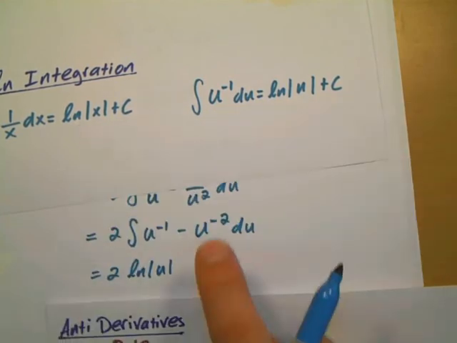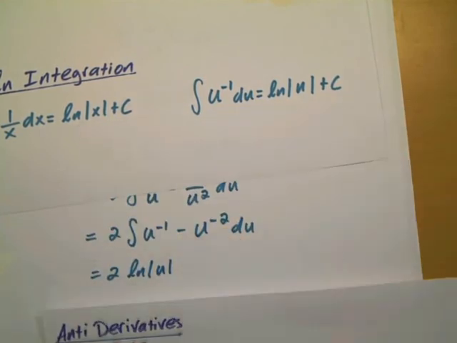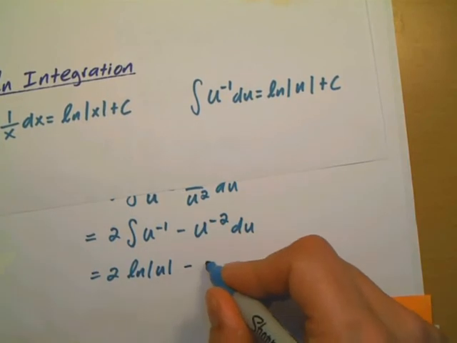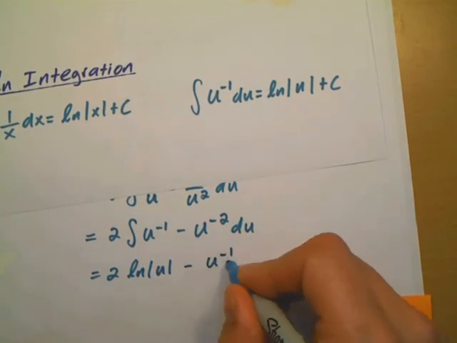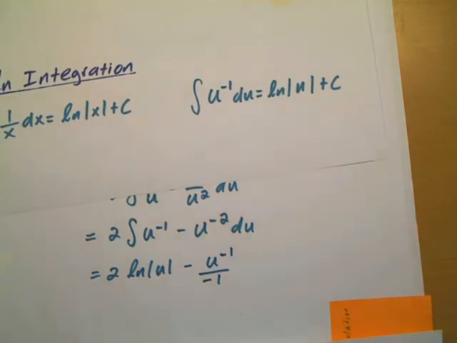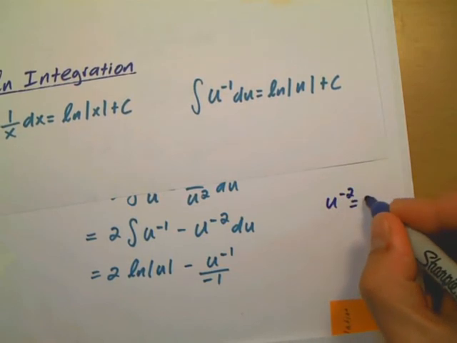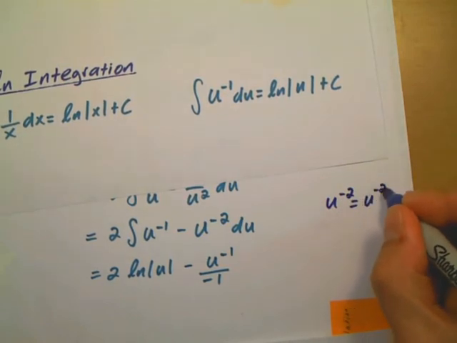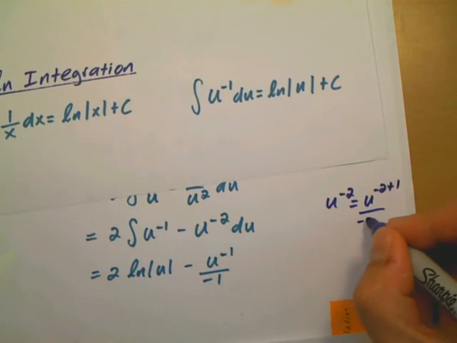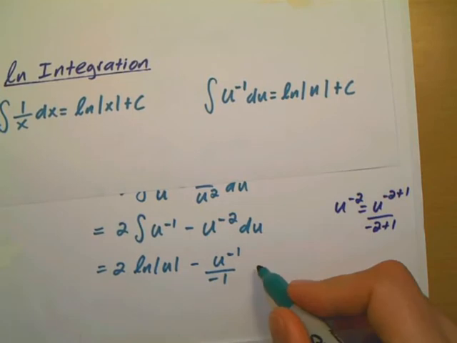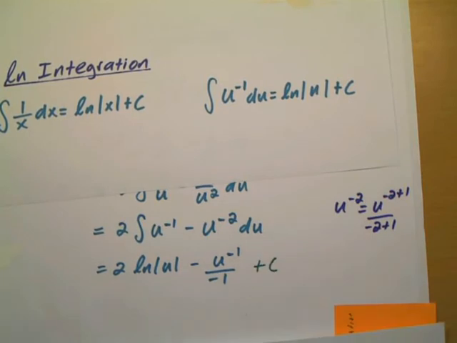So this exponent is not negative 1, so I apply the power rule, which is adding 1 to the power, so it's u to the negative 1 over negative 1. Over here on the side, I'll show you u to the negative 2. The power rule is u to the negative 2 plus 1, negative 2 plus 1, and then the big plus c at the very end for my integral.